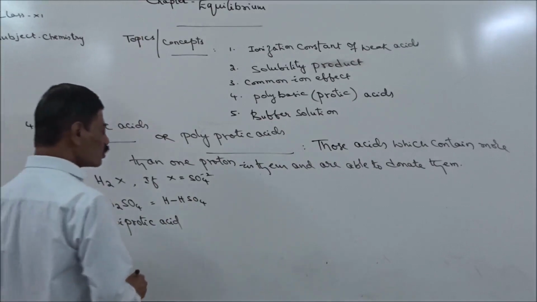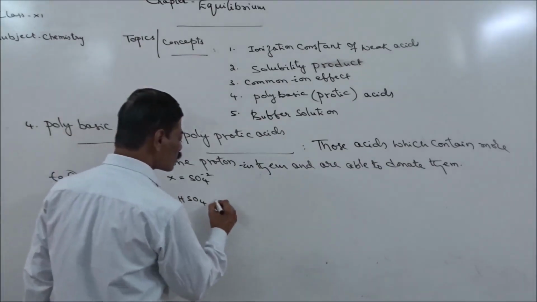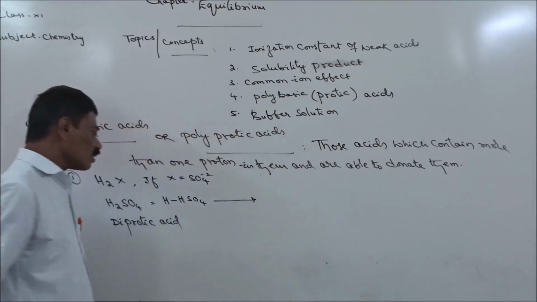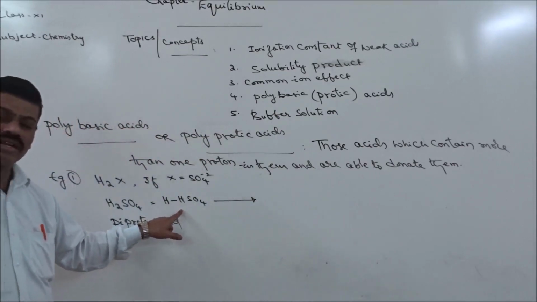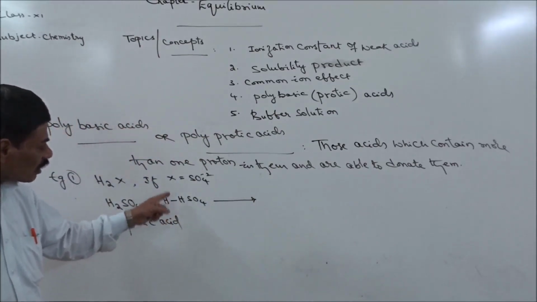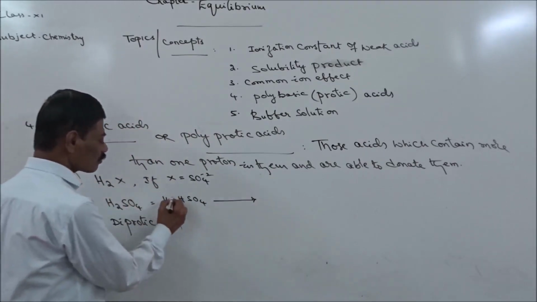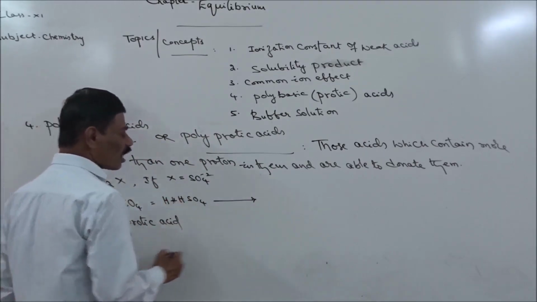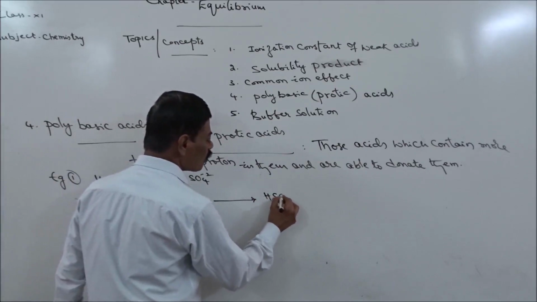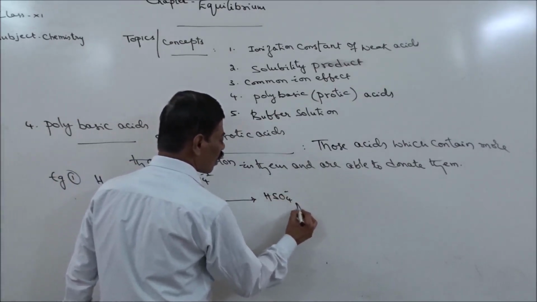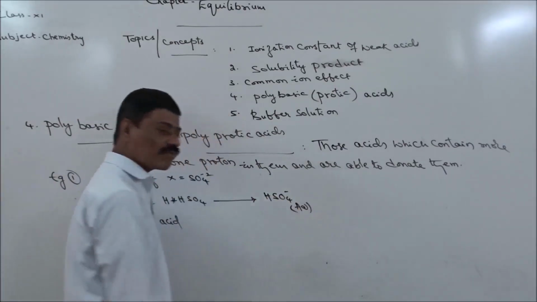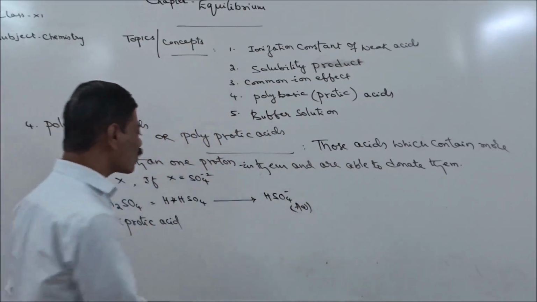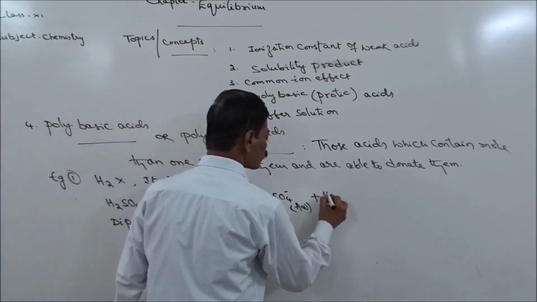Right? How is it going to donate? Let us see. When this sulfuric acid, when breaking of the bond takes place here, then we will get HSO4 minus ion, that is bisulfate ion or hydrogen sulfate ion, plus proton.